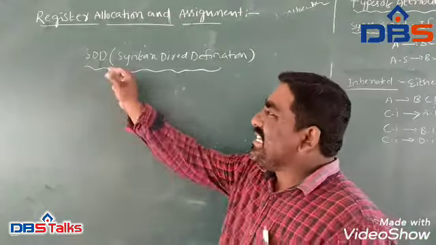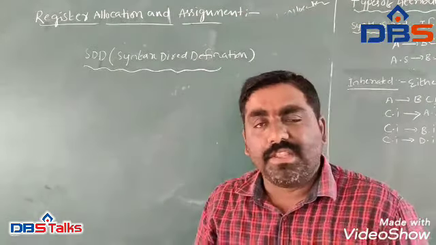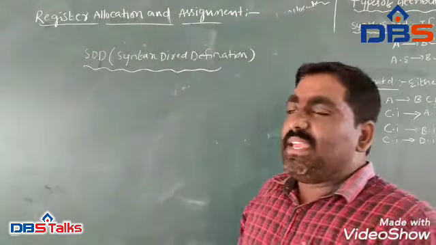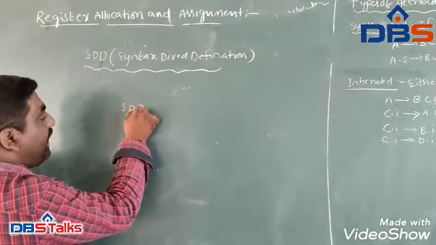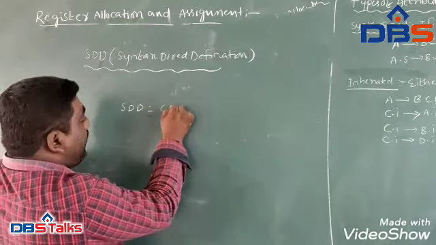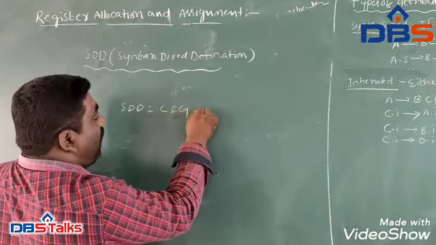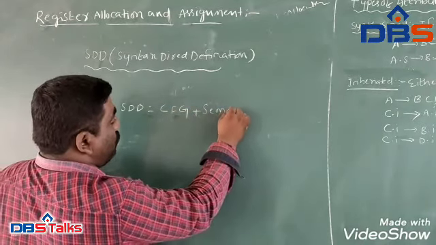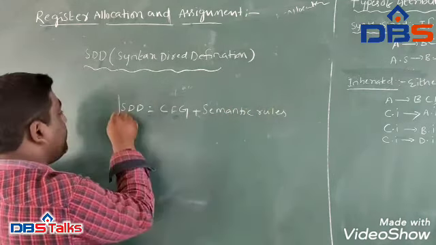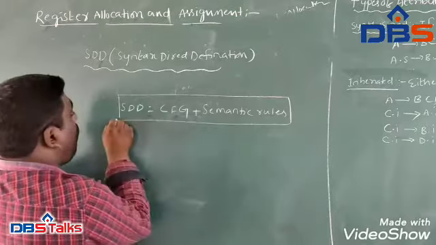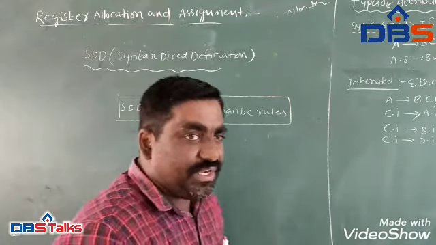SDD means syntax directed definition. We can say the syntax directed definition is SDD equals context free grammar along with semantic rules. This is the definition of syntax directed definition.